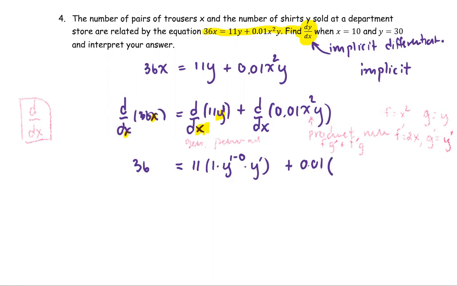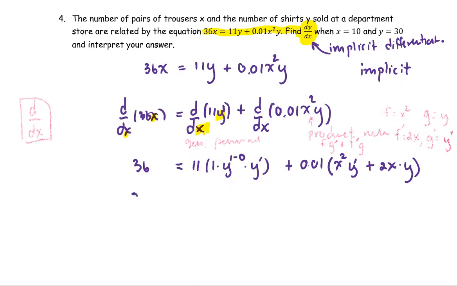So then my f is x squared multiplied by my g prime, which is y prime, plus f prime, which is 2x, multiplied by g, which is y. As you see in this expression, you have 3 different rules to apply when you find the derivative of each term with respect to x.